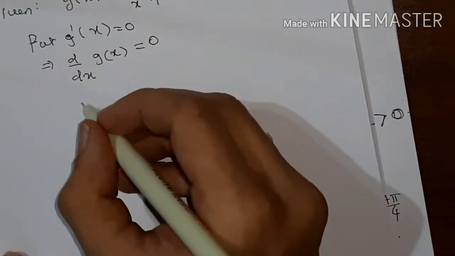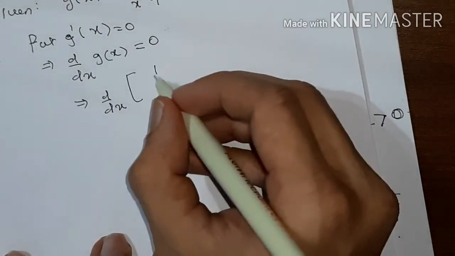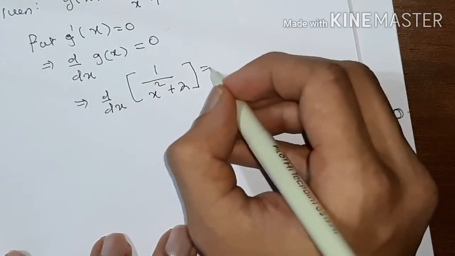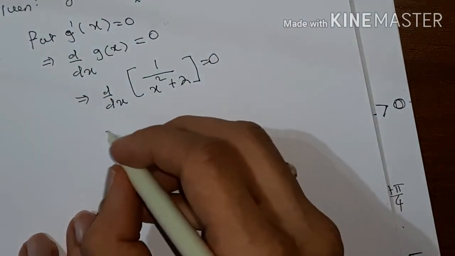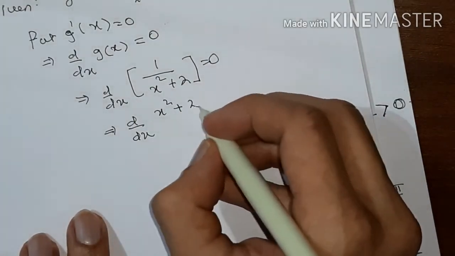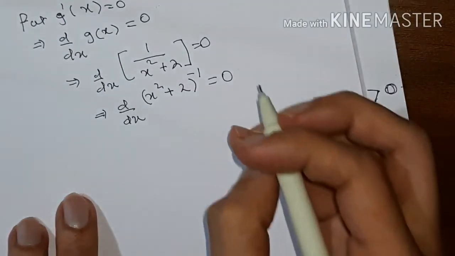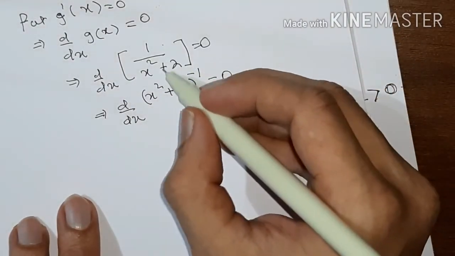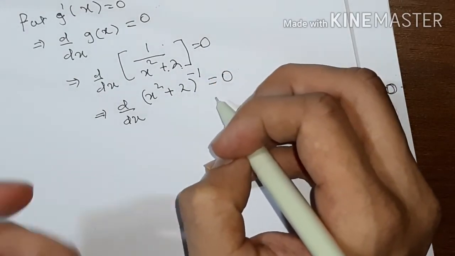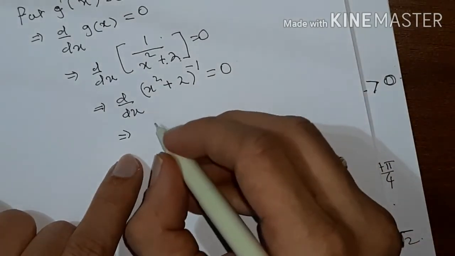So that means d by dx of 1 by x square plus 2 equal to 0, right? So that is d by dx of x square plus 2 raised to minus 1 equal to 0. This 1 by x square plus 2 we can write as x square plus 2 raised to minus 1. Now what is the derivative of this?